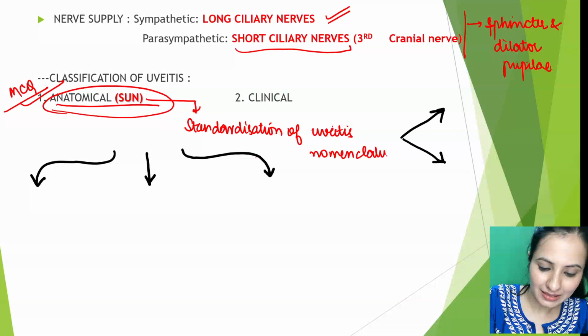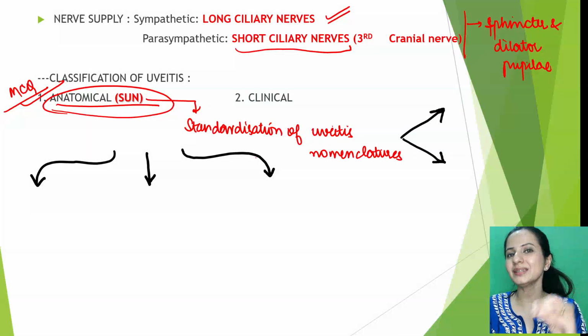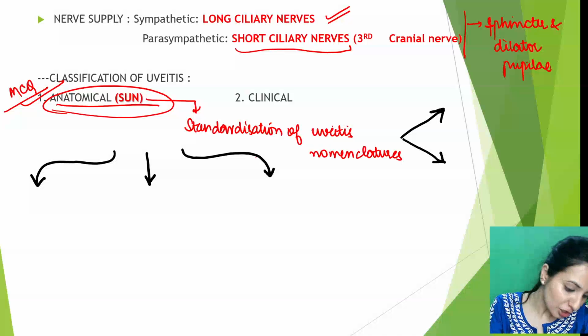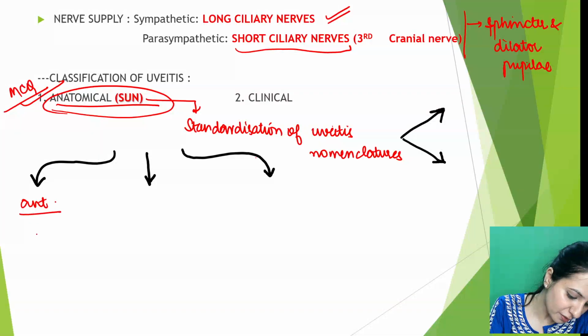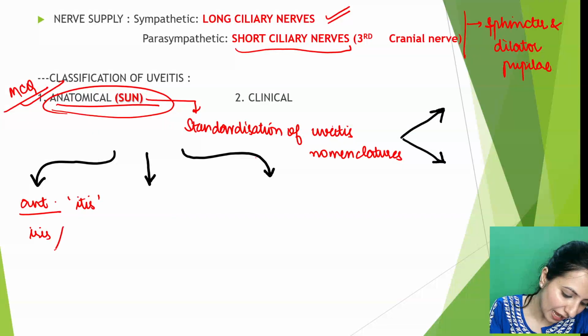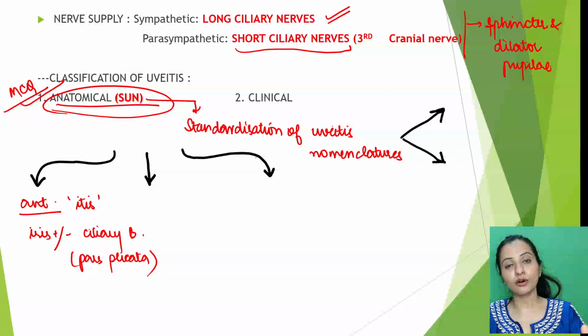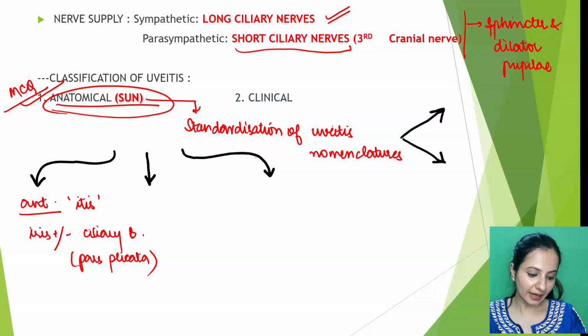So it divides uveitis into three types depending on the site of involvement. One is your anterior uveitis. We know anteriorly the iris is present. So any itis of either simply the iris with or without the ciliary body, that is the pars plicata involvement, is referred to as anterior uveitis.